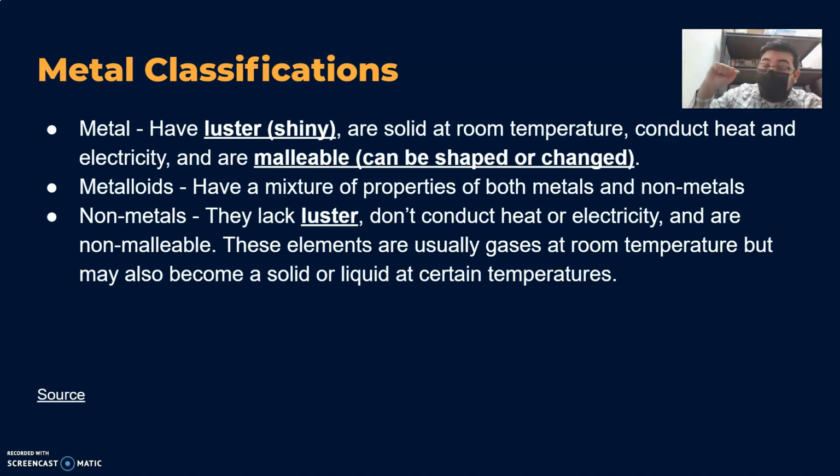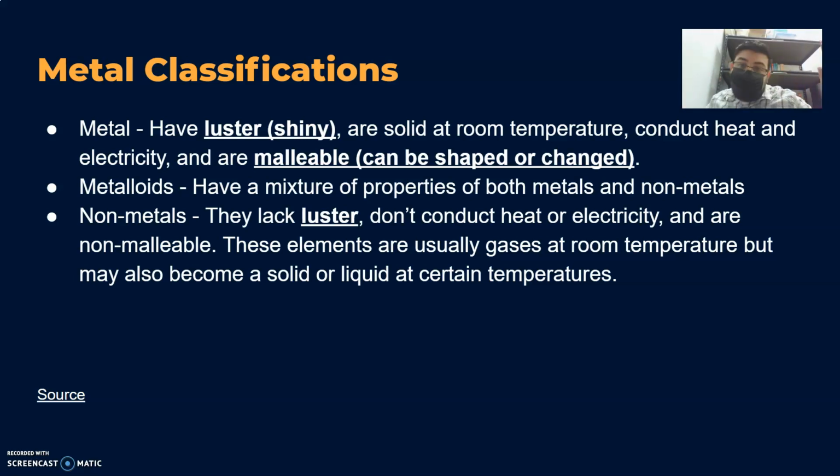If you can't do that, it's non-malleable. Gases are something that you can't shape or change. If you see air, you can't just grab it and change it real quick. They may become a solid or liquid at certain temperatures, but at room temperature, they can't be changed.